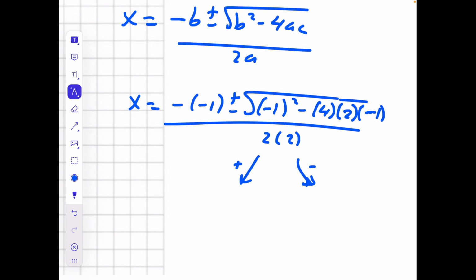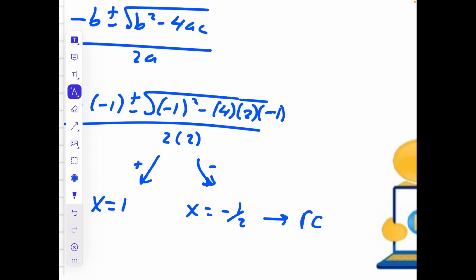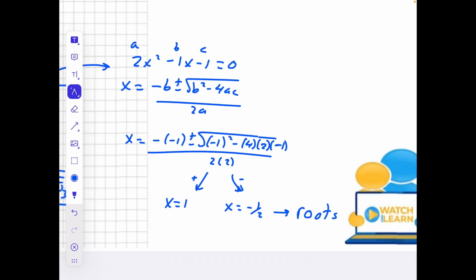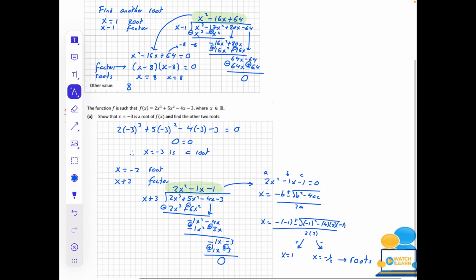Okay, and put that into your calculator. So I get one answer of x equal to 1, and my other answer then, x is equal to minus a half. Okay, are my two other roots.